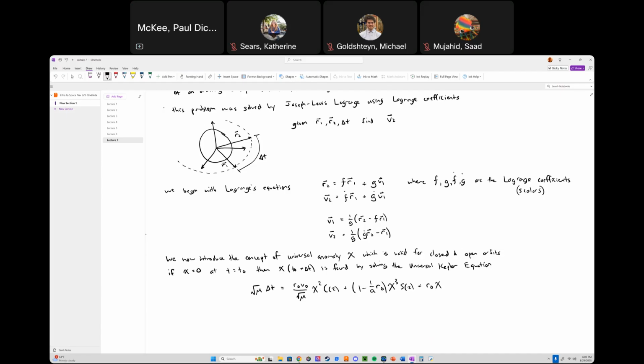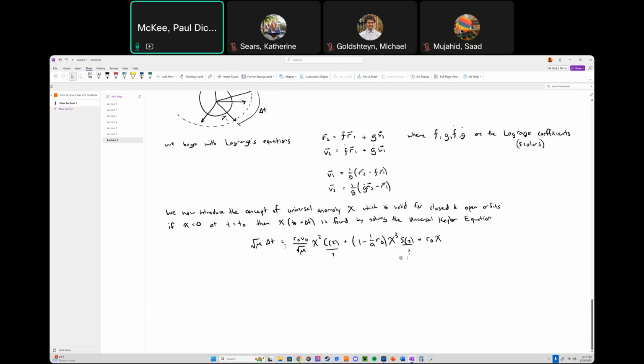So it's a weird equation, seems to be coming out of nowhere. Otherwise, it's things that we recognize, right? R naught scalar, V naught scalar, semi-major axis, mu, R naught again. So, okay, seems reasonable. We just need to make sense of C of z and S of z.